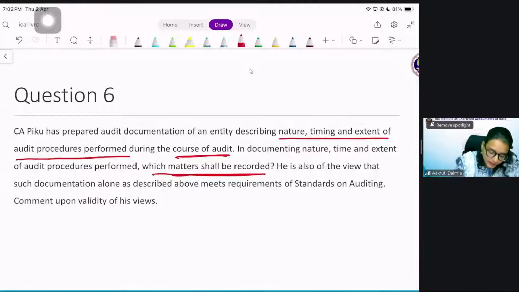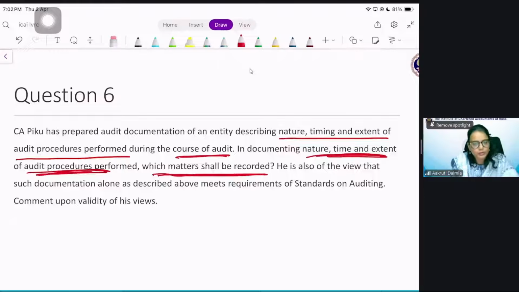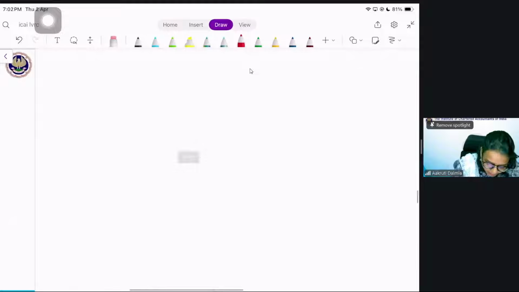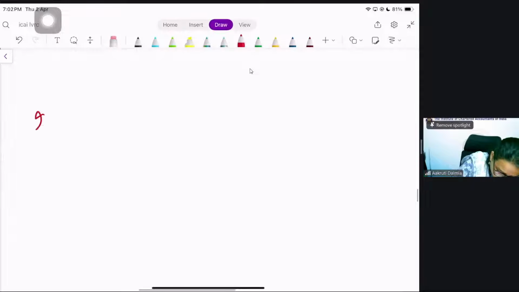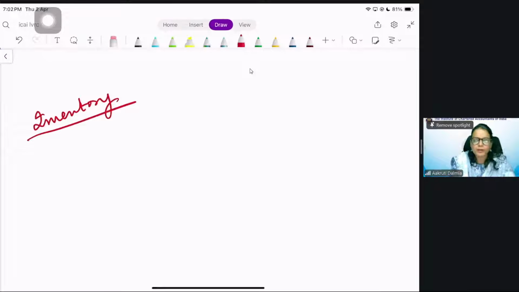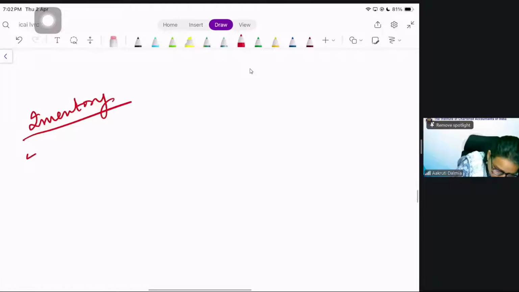Okay, so this is actually a type 2, a little mind application, a little direct. So first let's see what matters in documenting the nature, timing and extent of audit procedures performed. What matters to be recorded? Let's say that I was checking inventory. I am preparing audit documentation for my work I did on inventory. For inventory, I used inspection.